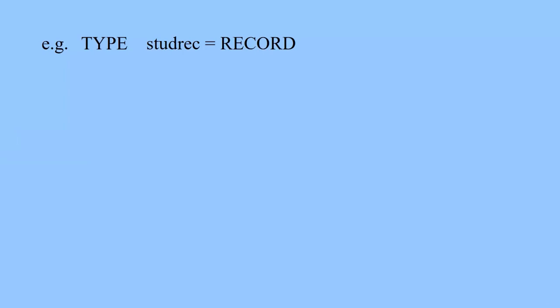Remember, a file is composed of various records. And because records are multiples of details in a single record, we have to declare a record.